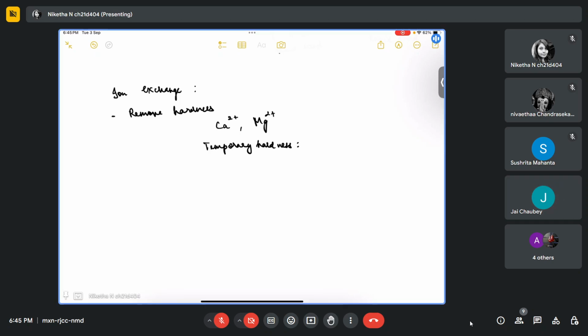So when we boil, the salts will form a precipitate and settle down, and we can just decant the solution. But when we have other salts like sulfates or chlorides, we cannot use the boiling method to remove the hardness, and we have to use some other processes. So to remove permanent hardness, we will do ion exchange.